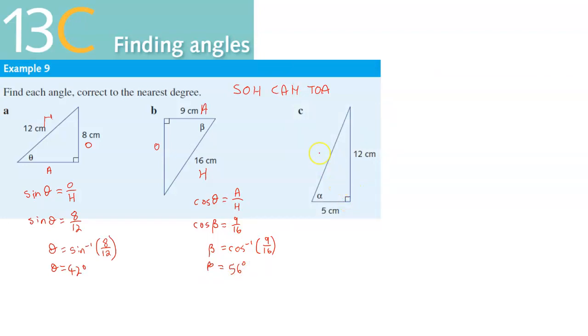Finally here's my right angle, label the hypotenuse first. Here's my reference angle, so this is adjacent and this is opposite. I'm using opposite and adjacent this time, so that's going to be tan. Write down my tan ratio. Substitute in the values I know. Inverse tan both sides.